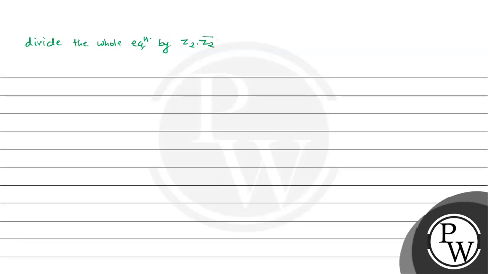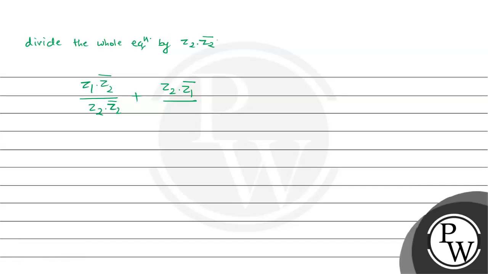So what we will get: z1 z̄2 divided by z2 z̄2, plus z2 z̄1 divided by z2 z̄2, is equal to 0.